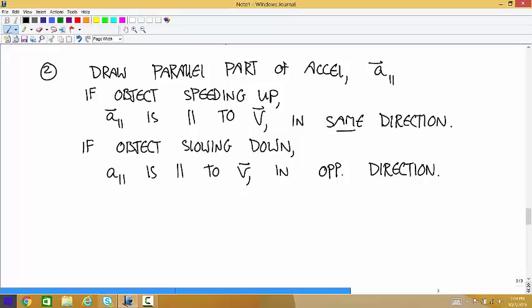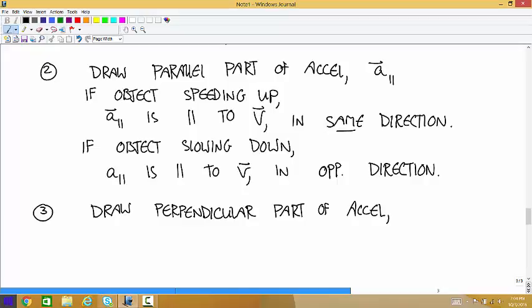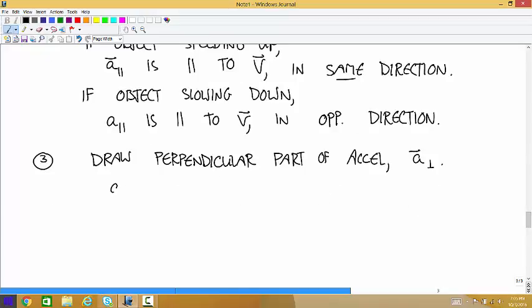Then the third step is to draw the perpendicular part of the acceleration. I'll call that A perpendicular. And A perpendicular is perpendicular to the velocity vector in the direction the object is turning.